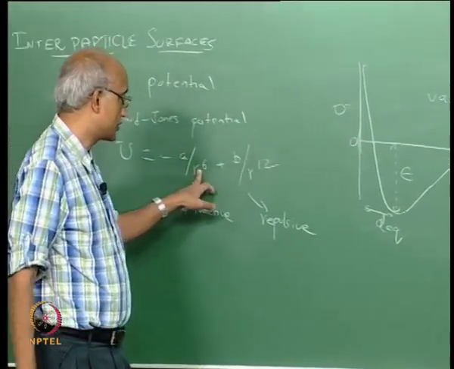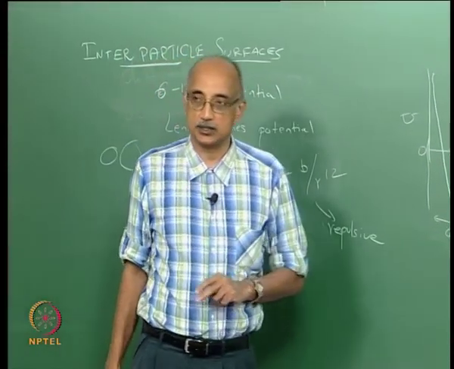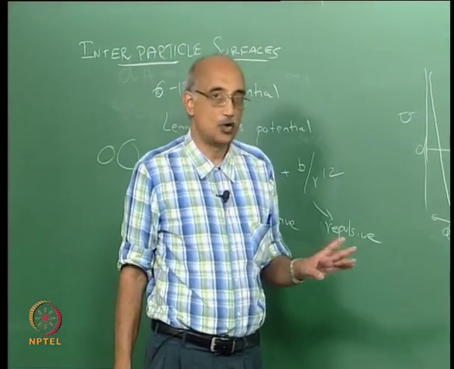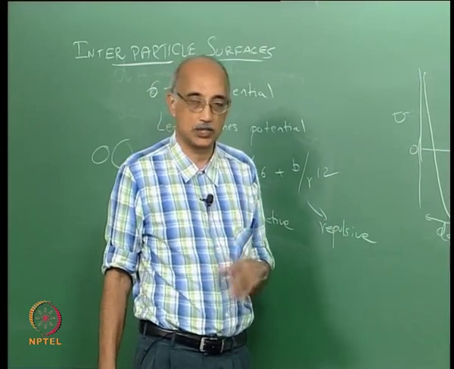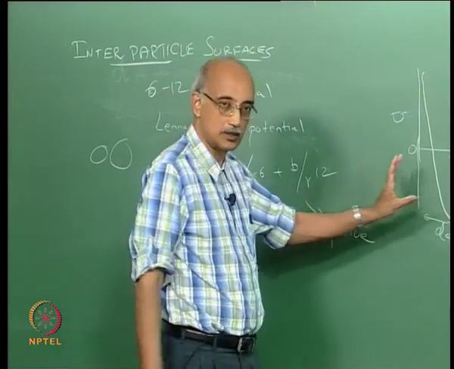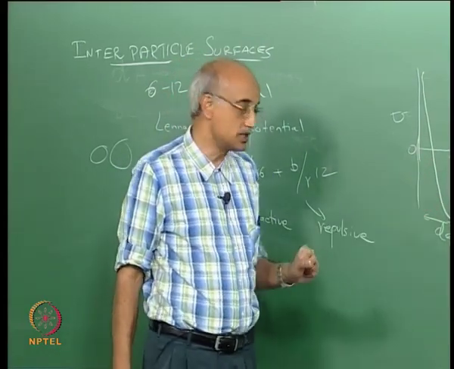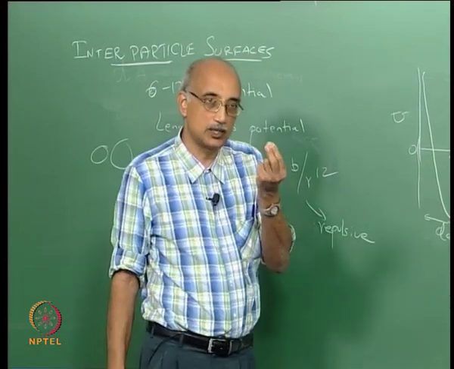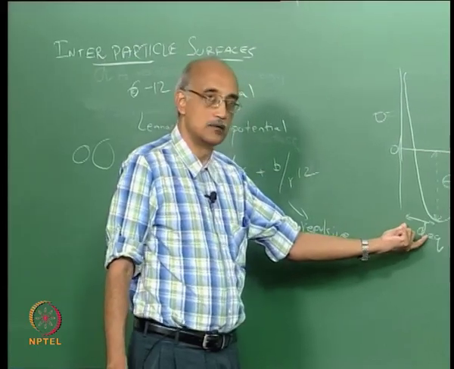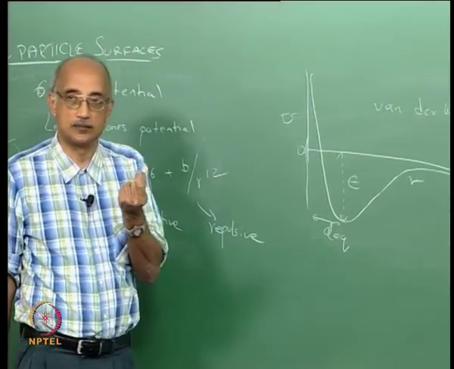However, the r to the power 6 and r to the power 12 dependencies in the denominator apply no matter what the particles are, whether it is high surface energy or low surface energy. The qualitative feature of this curve does not change. What changes is, again, as the surface energies increase, the point of closest approach will become smaller and smaller.